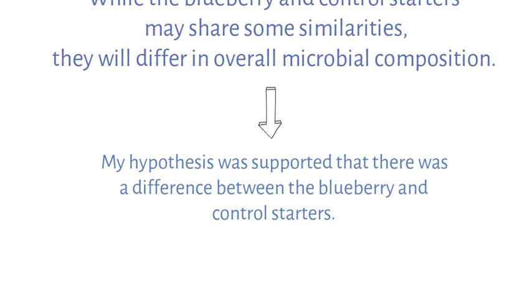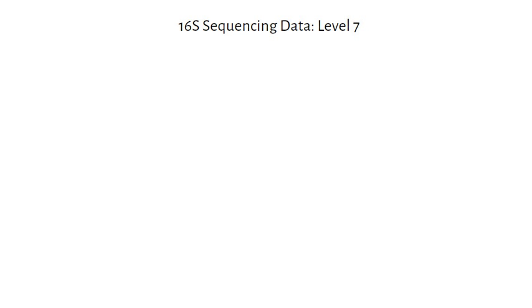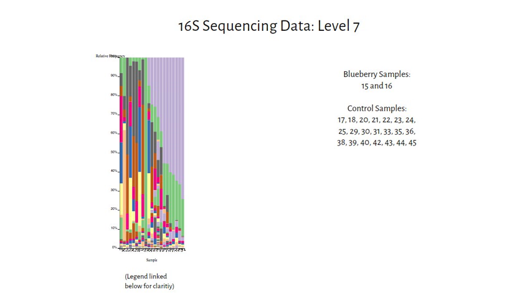My hypothesis was supported that there was a difference between the blueberry and control starters, however, it was not to the extent that I originally believed. Here is a look at the Level 7 16S sequencing data comparing the control and blueberry samples. The blueberry samples 15 and 16 contain mainly firmicutes and lactobacillus.